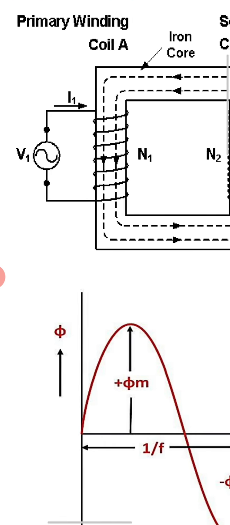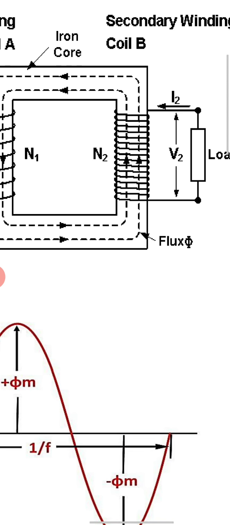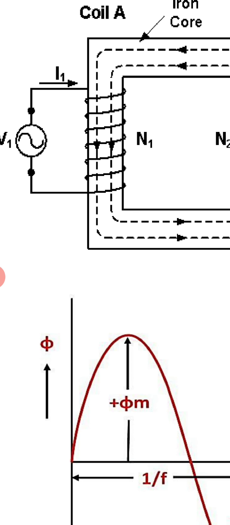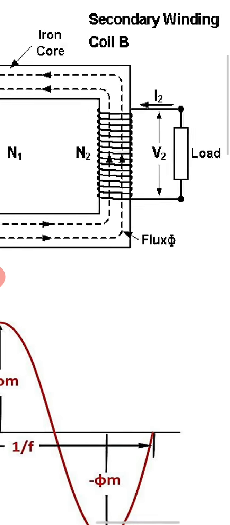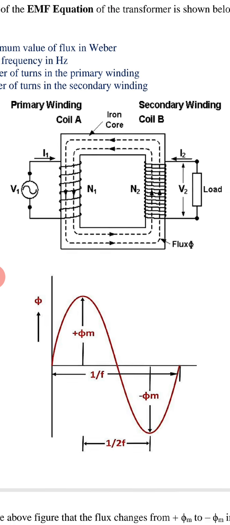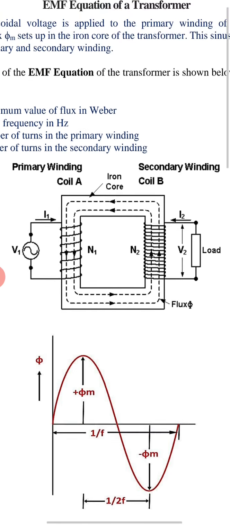So an EMF E1 is induced in the primary winding and EMF E2 is induced in the secondary winding. The EMF induced in the primary winding is the self-induced EMF and E2 is the mutually induced EMF. For both the induced EMFs we will develop some mathematical equations.